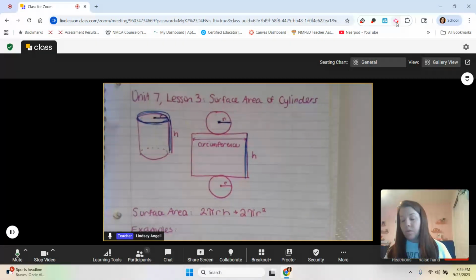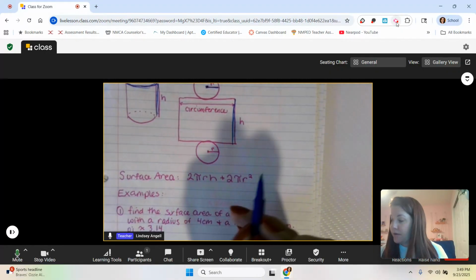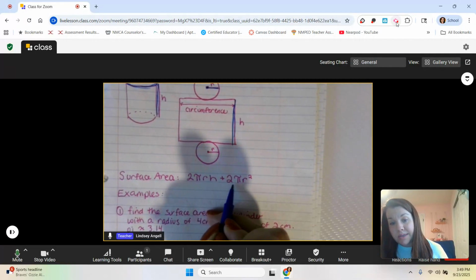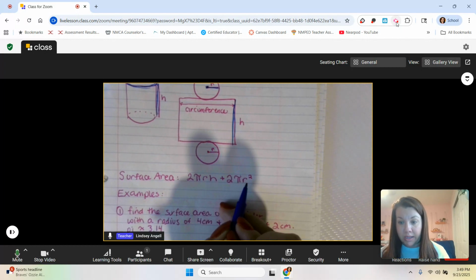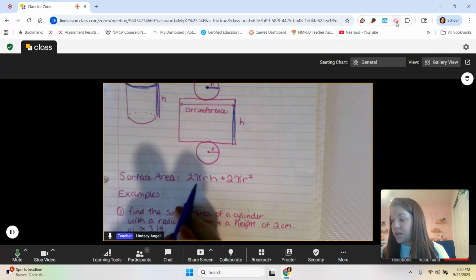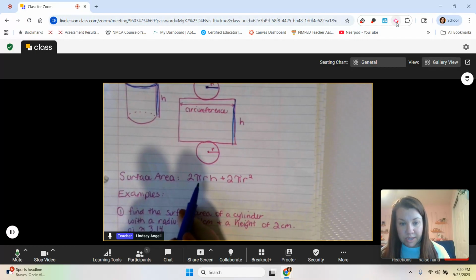So to find the area of a circle, we use this value here, pi r squared. This is the area of one circle, but we have two of them. So that's why within our equation for surface area, we have 2 times pi times r squared, because that covers both circles. And then the circumference of a circle is found by multiplying 2 times pi times r, or the radius.